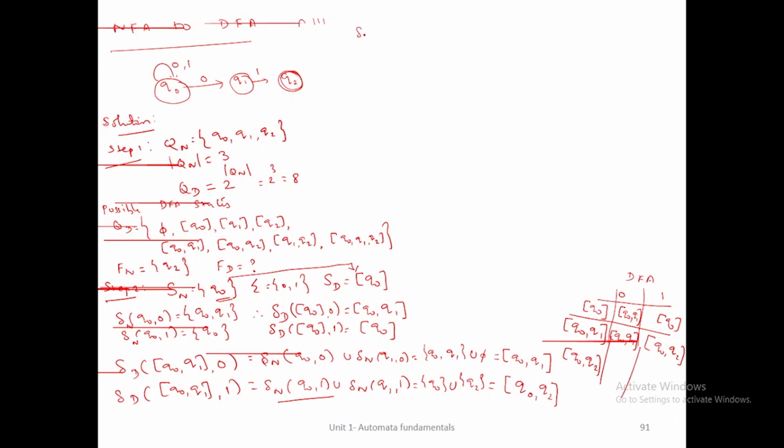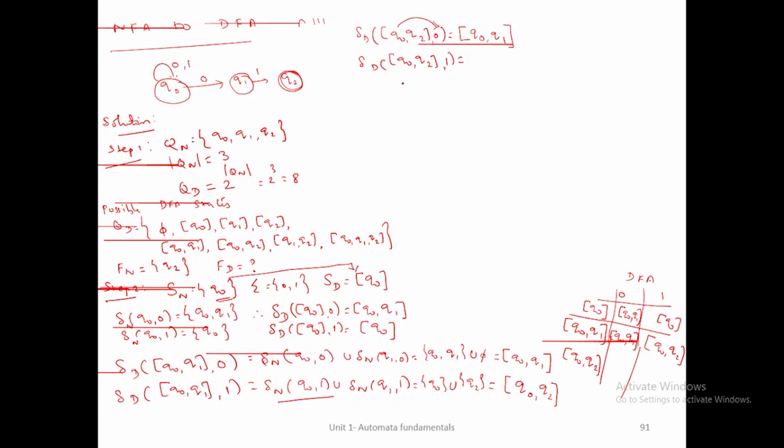So now I should calculate delta D of Q0, Q2 with 0, and delta D of Q0, Q2 with 1. So what is the answer? First you write the Q0, 0 values. I directly write the answer within square bracket. Q0, 0 is Q0, Q1. And then Q2, 0, there is no outflow.